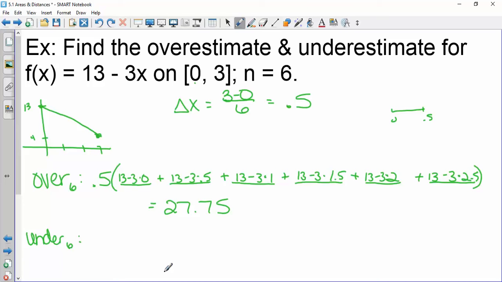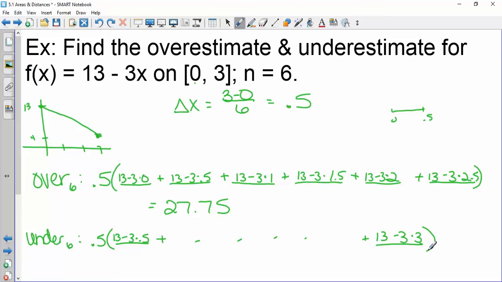How will my underestimate differ? What will my first point be? 13 minus 3 times 0.5. And my last point will be 13 minus 3 times 3.